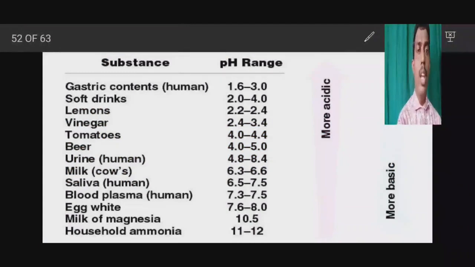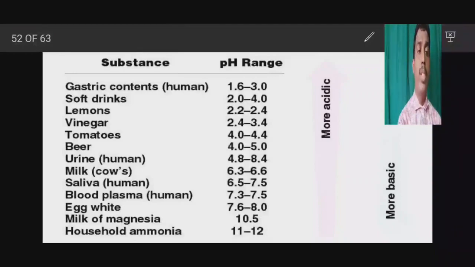Here we can see pH values of some substances. Gastric content pH range is 1.6 to 3. Soft drink pH range is 2 to 4. Lemons vary from 2.2 to 2.4. Vinegar varies from 2.4 to 3.4. Tomatoes vary from 4.0 to 4.4.